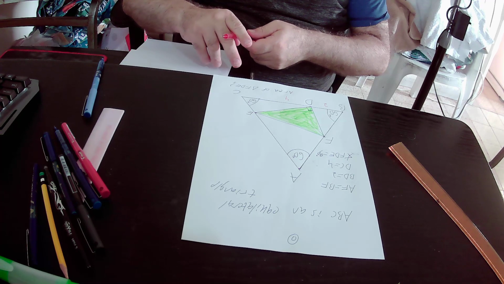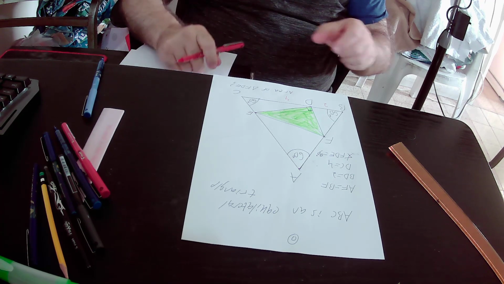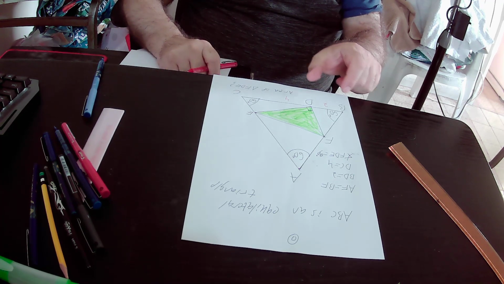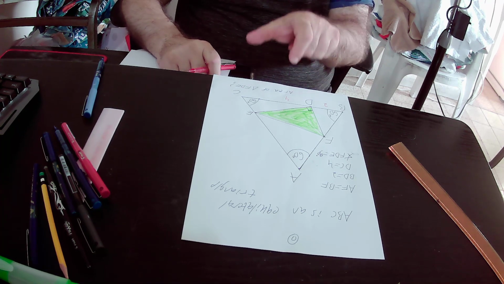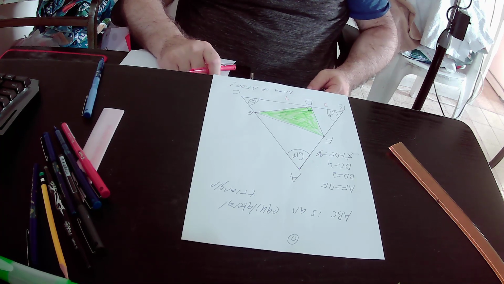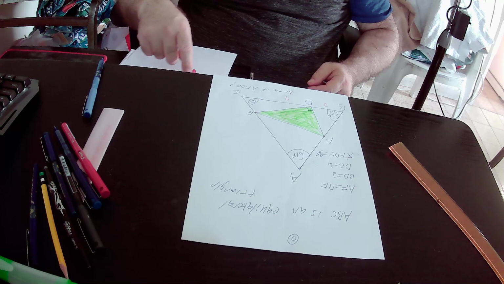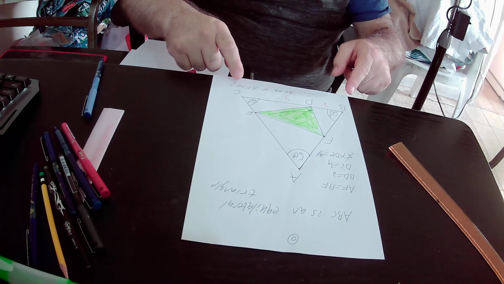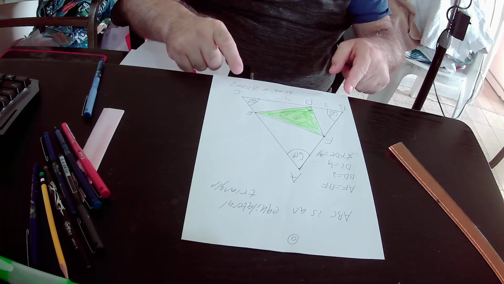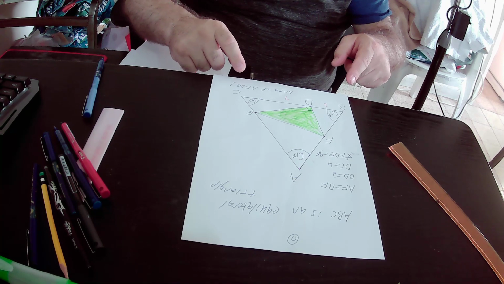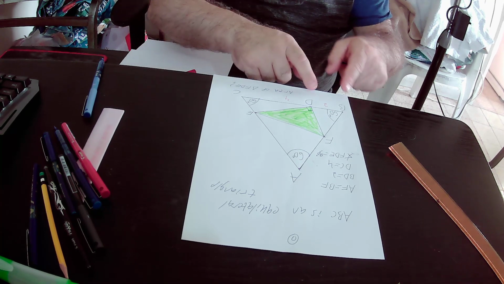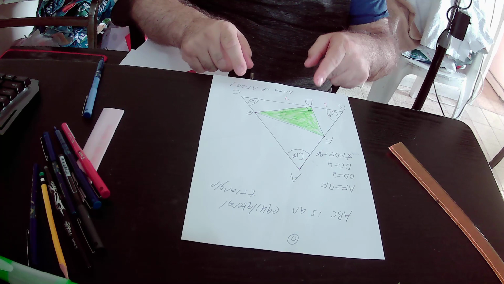But we know that BD equals 2 units and DC equals 4 units, and side BC of the equilateral triangle equals BD plus DC.